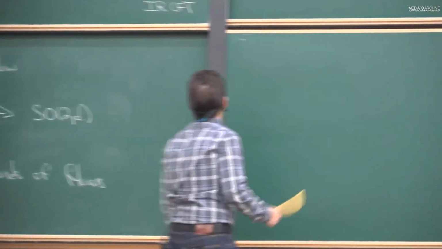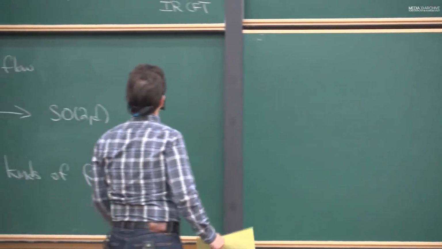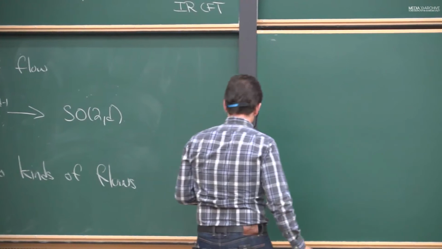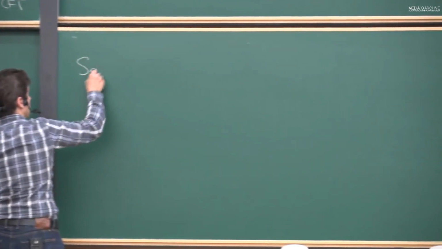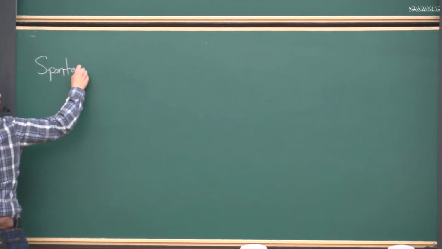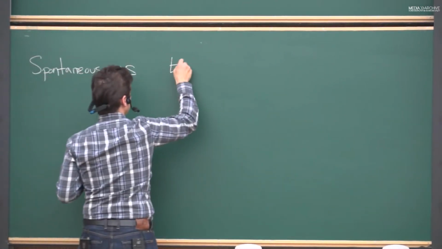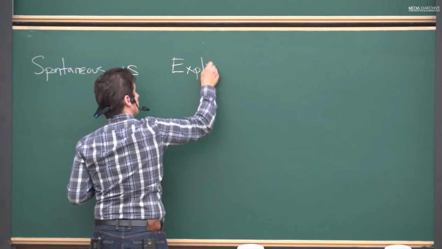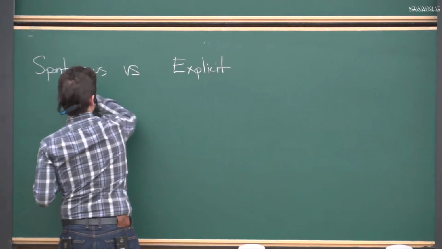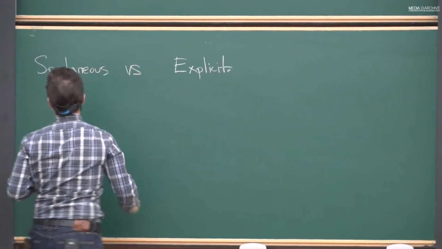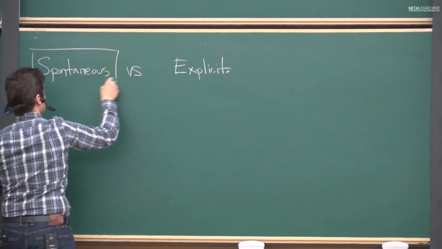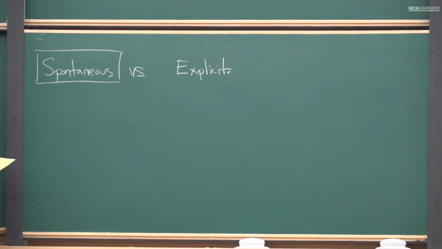You should think of flows as breakings of conformal invariance. So the two types of breaking are spontaneous versus explicit. Let's focus on the spontaneous case first. In the spontaneously broken case, we can say something because of Goldstone's theorem.